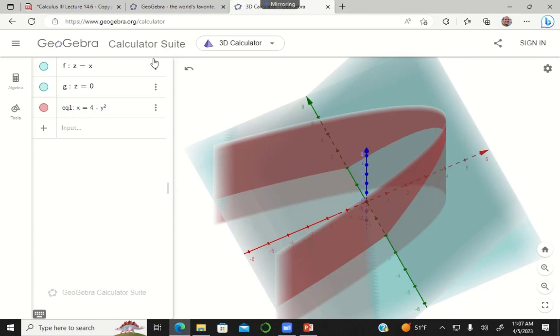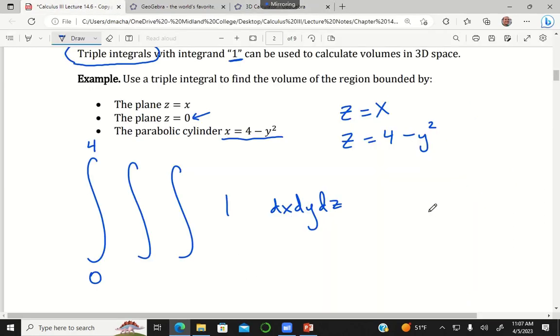For that solid. But if I didn't have that, I could use this plane, z equals 0, and find where it intersects the parabolic cylinder. I already have this equation, so I could just set 0 equals 4 minus y squared, and that's how I could get y is equal to plus or minus 2.